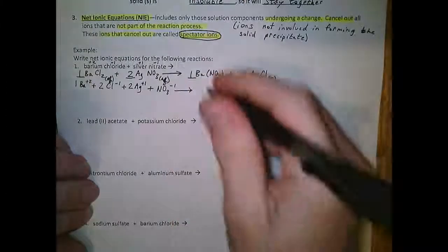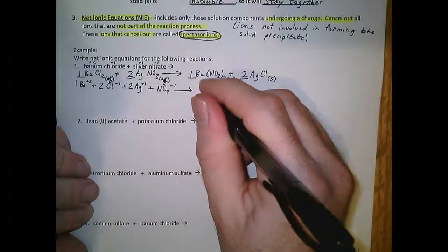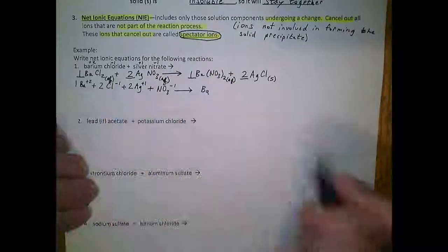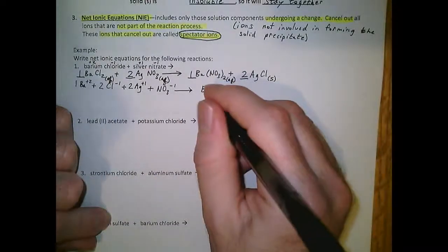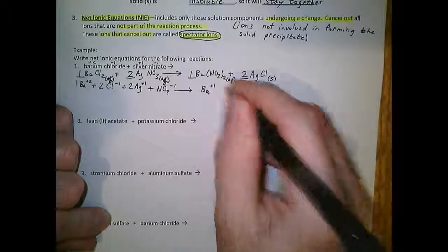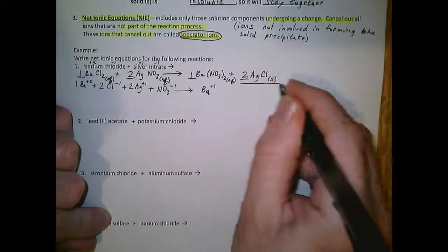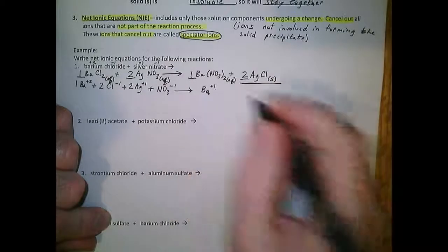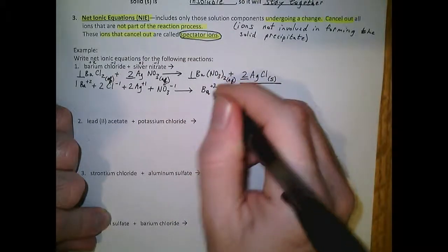Go to the other side. I've got Ba, and it doesn't matter if you write the 1 here or not. If it's a 1, you can leave it off. Ba +1. Oh, and I forgot, we should underline that. We're underlining our solid because we need to keep that together. 1 Ba, oh, Ba is actually +2, I'm sorry.